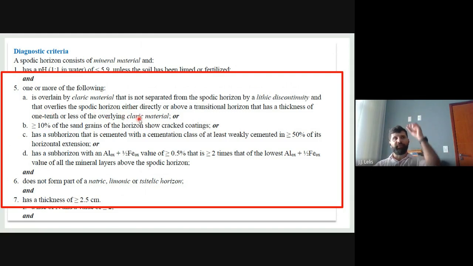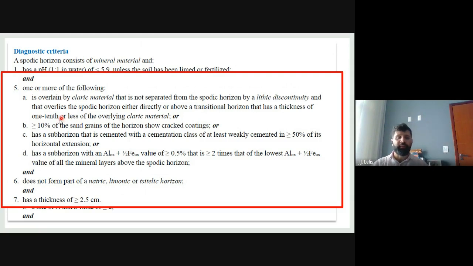So we have an A horizon, an E horizon, and an AB horizon or a BA horizon. This transitional horizon shouldn't be very thick, it possesses 1/10 or less of the thickness of the E horizon of the albic material.